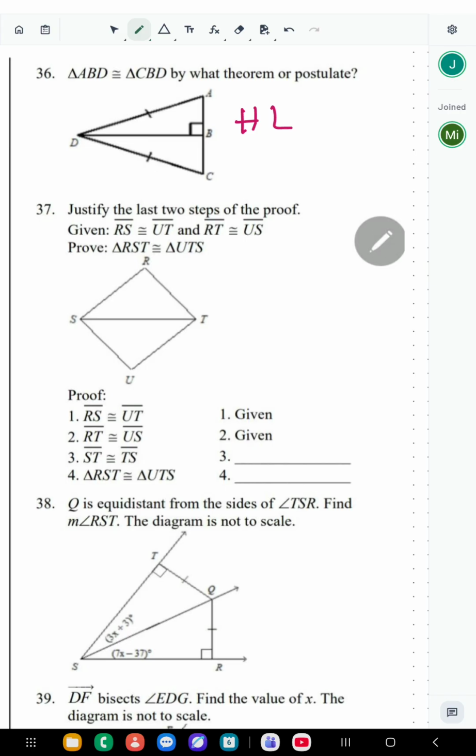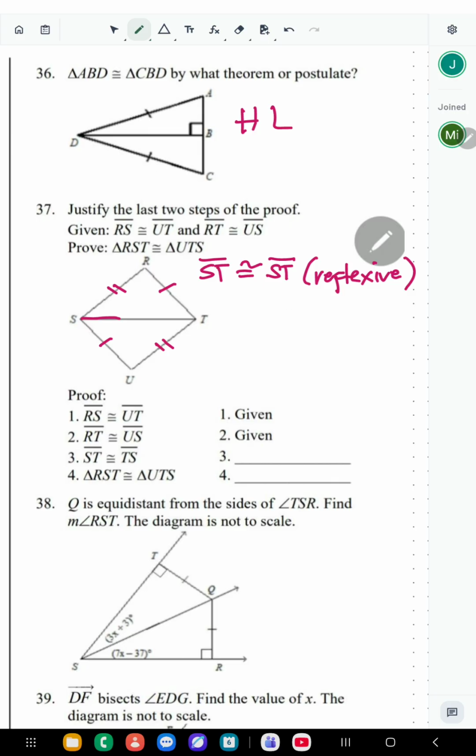Then for number 37, justify the last two steps of the proof. Given RS is congruent to UT, and RT is congruent to US. Prove the triangle RST. They share a common side here, ST. ST is congruent to ST by the reflexive property of congruence.